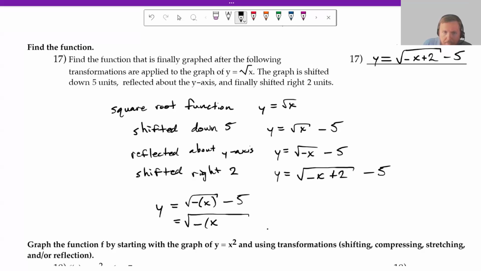If we do -(x - 2), then if we distribute that negative sign, it turns into a +2. And if you've done a bunch of these, then you just kind of automatically know it should be a +2 sometimes.